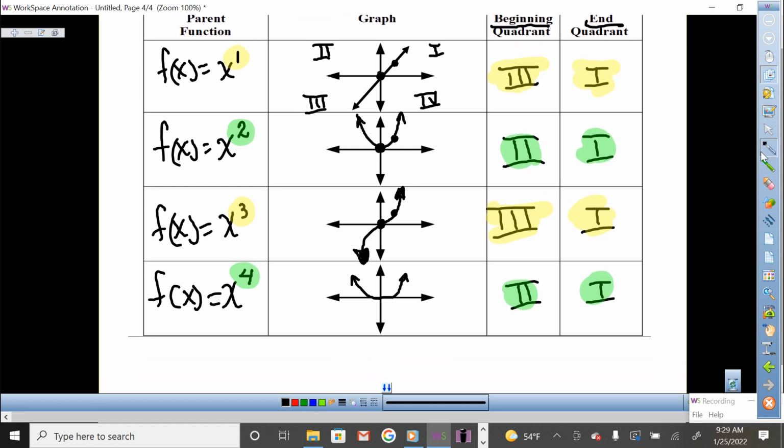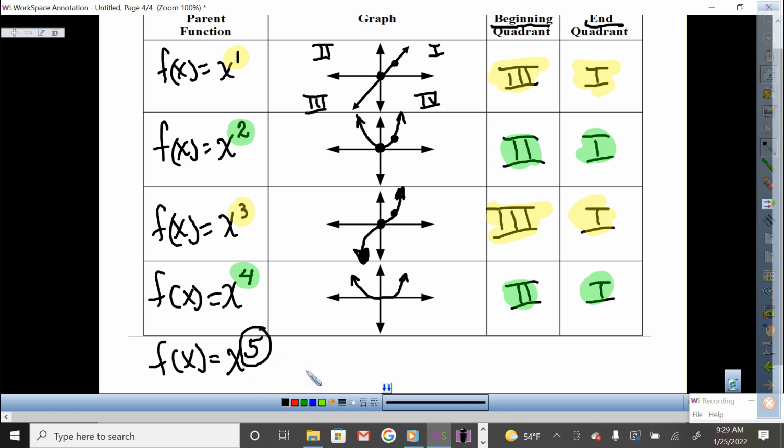All right, let's see if you saw it. If I was to do this, look up. Tell your neighbor, according to this degree, where does it start and where does it end?